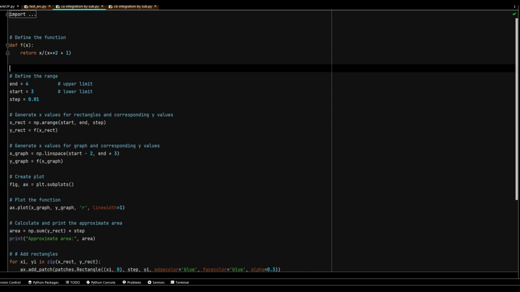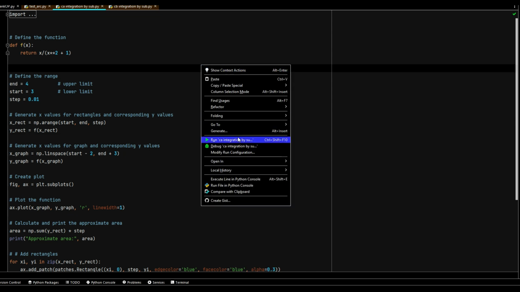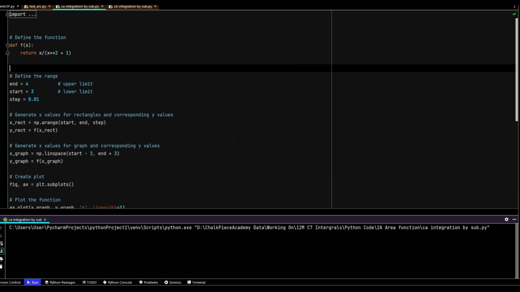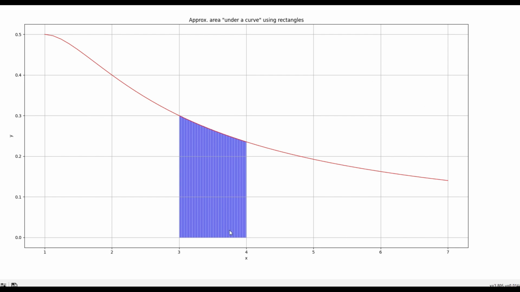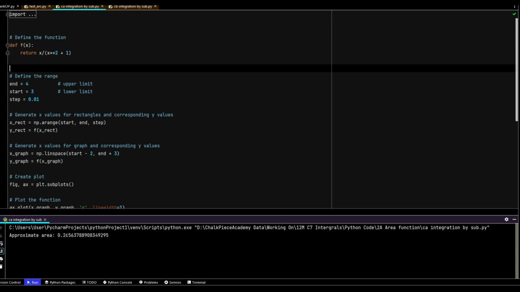So we have x by x squared plus 1, 3 to 4. Those are your limits and everything. So that's your graph, 3 to 4. And the approximate answer is 0.265. Sorry, it's 0.266 approximately, to 3 decimal places.